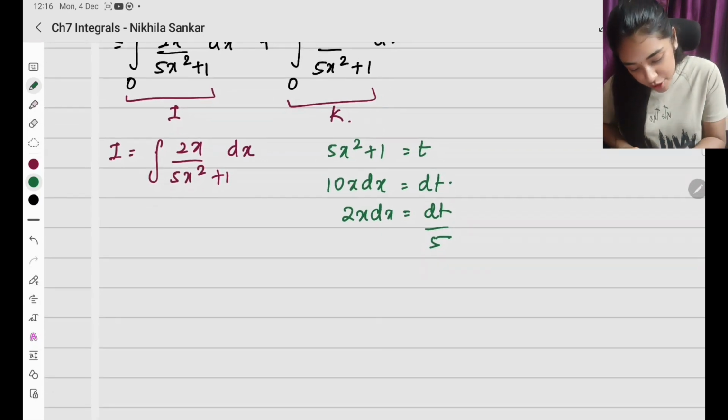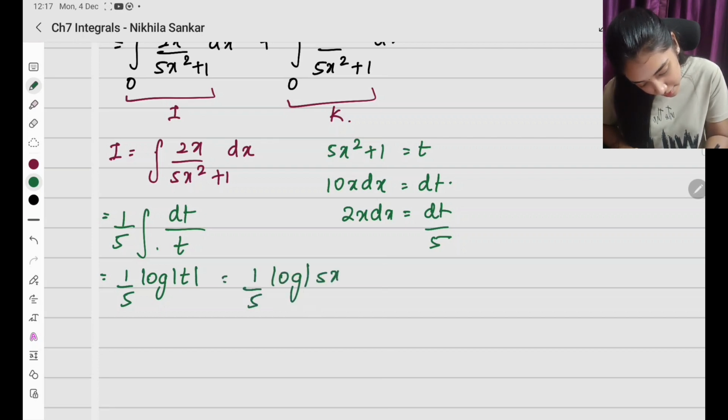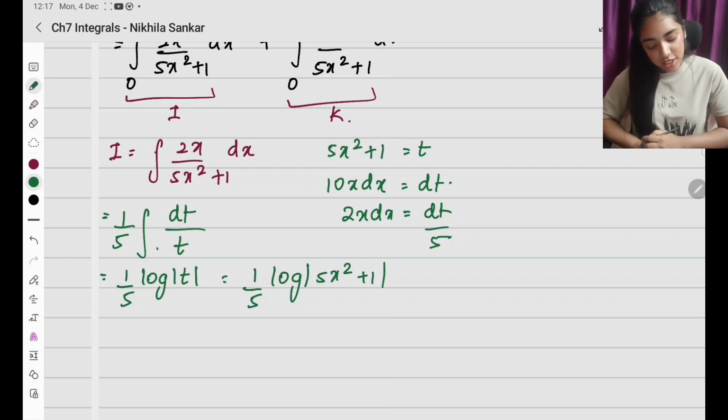So when I substitute, I have integral of dt divided by 5, which is 1 by 5 outside, divided by t. So when I simplify, I have 1 by 5 log mod t, which is going to be 1 by 5 log mod 5x square plus 1. So this is my first term.